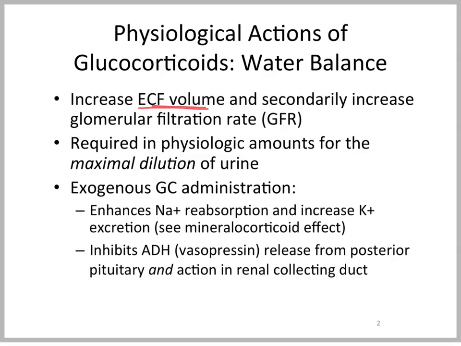Exogenous glucocorticoid administration, we know, has effects that are like mineralocorticoids, which is to increase sodium reabsorption and potassium excretion. And very importantly, particularly when we're thinking about using glucocorticoids from a pharmacological standpoint, glucocorticoids can inhibit both the secretion and release from the posterior pituitary of antidiuretic hormone, also known as vasopressin, and it can affect the action of vasopressin in the renal collecting duct.